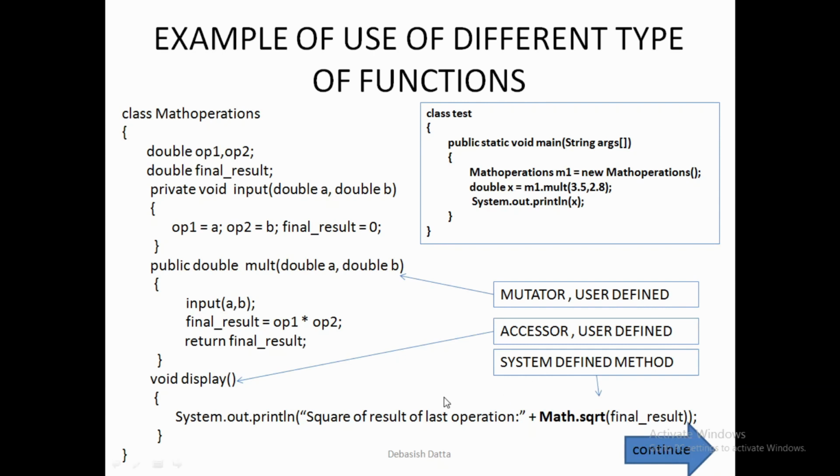Now after the initialization is done, whatever values are passed into the mult function go into op1 and op2. As they already have some values, we can perform mathematical operations on these two variables.